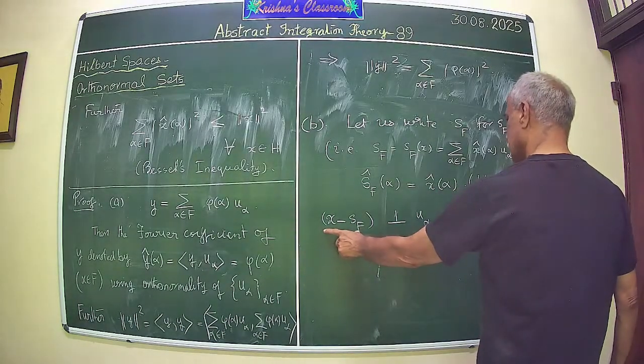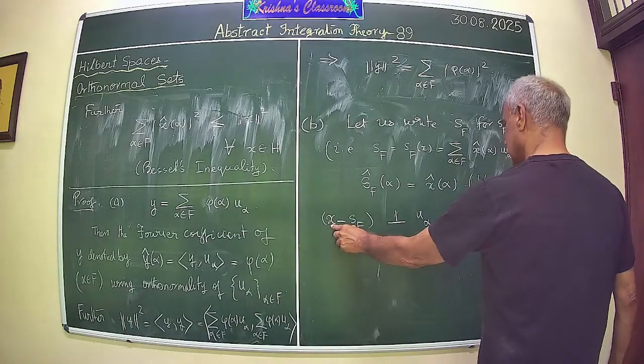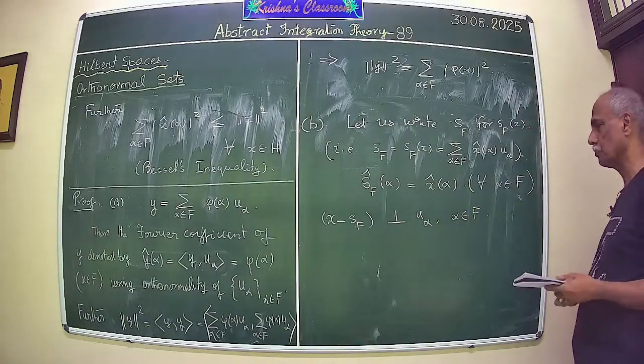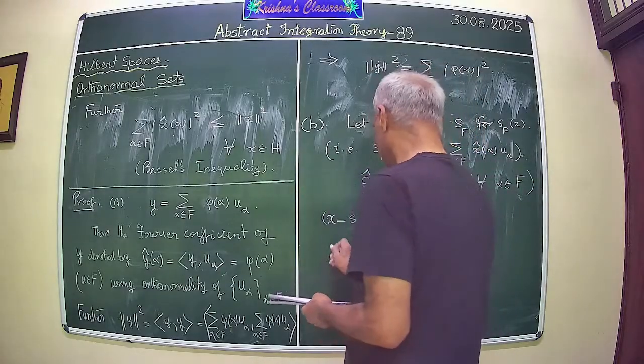Therefore, the dot product with U alpha is 0.